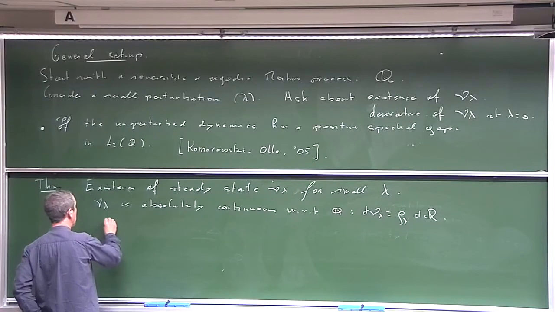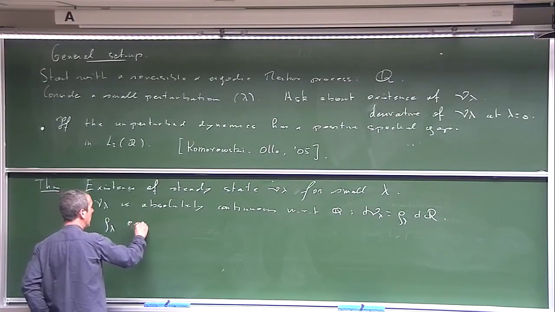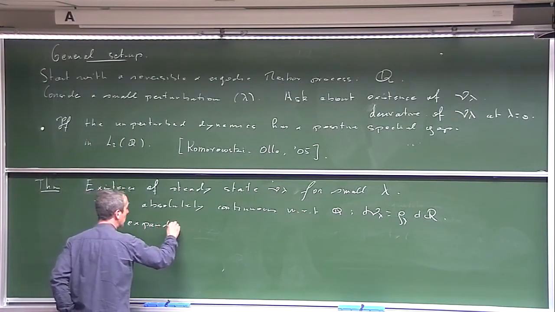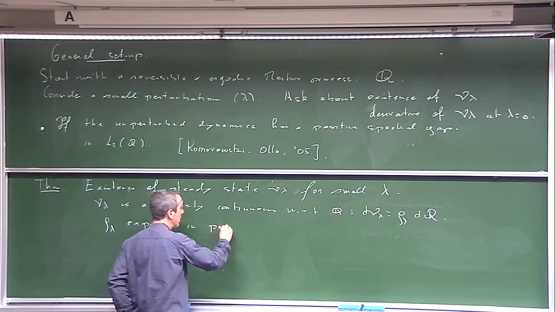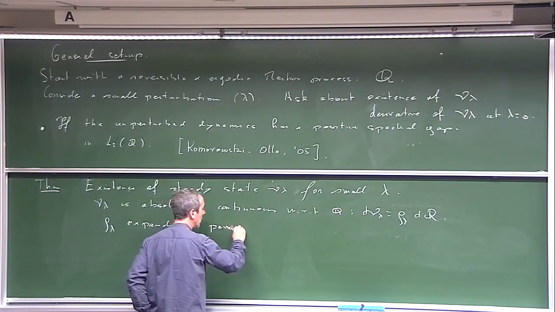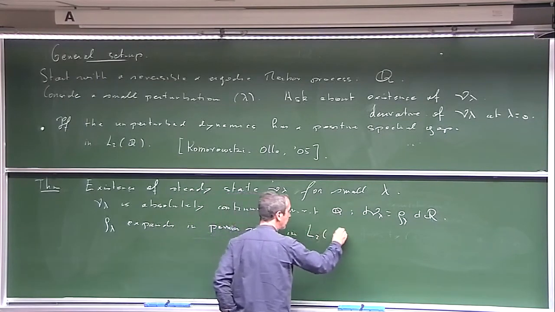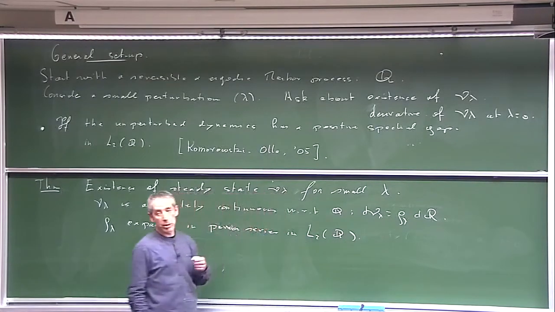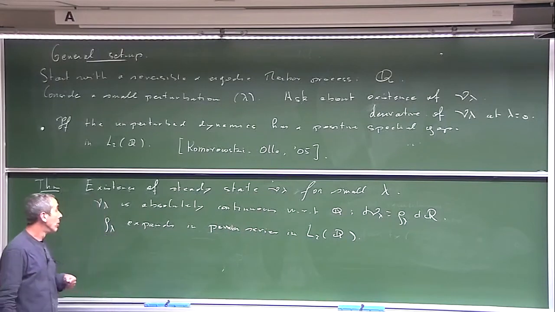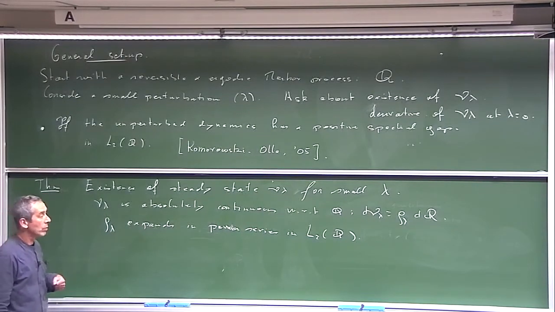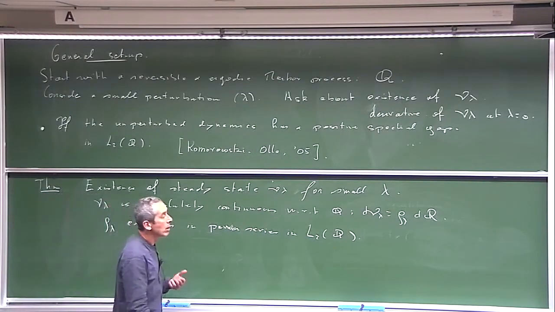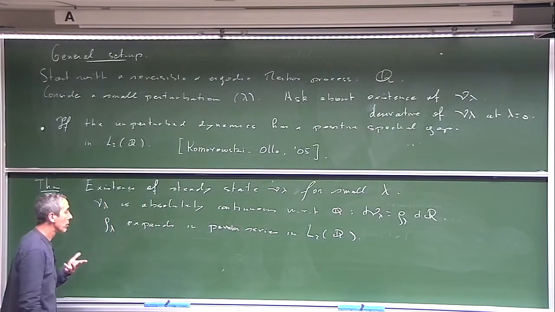And then rho lambda expands in a power series in L2 of Q. And from the expansion, you can rather easily deduce Kubo's relation.